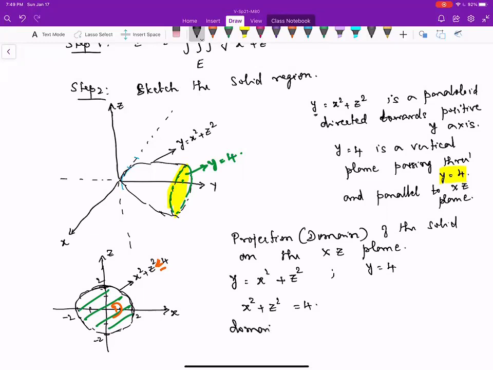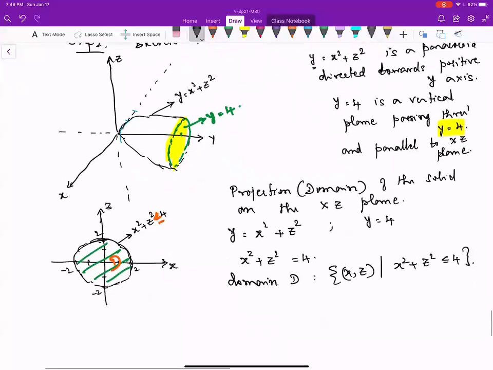So the domain D on the xz plane is all those xz such that x squared plus z squared is less than or equal to 4. The boundary is a circle with center at the origin and radius equal to 2, but we are talking of a disk, so the inside of the circle is also included.